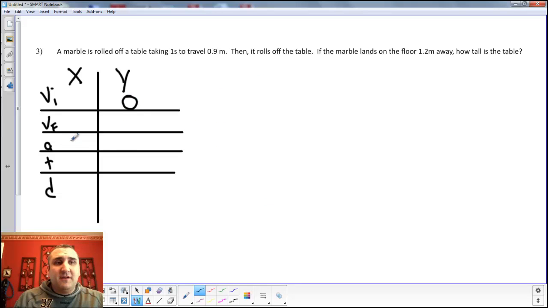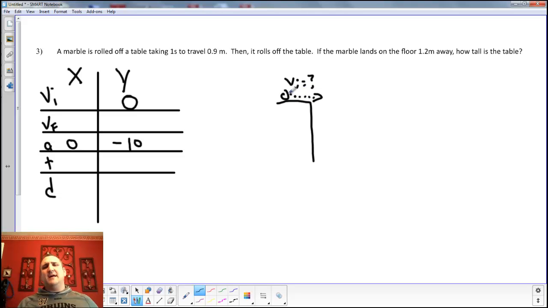The marble is rolled off the table by taking 1 second to travel 0.9 meters. We remember we need the x velocity, so here's your table, we need the velocity as the marble rolls off. And we kind of assumed when we were doing this whole lab that this velocity would be constant, which means we could use the d equals velocity times time piece.